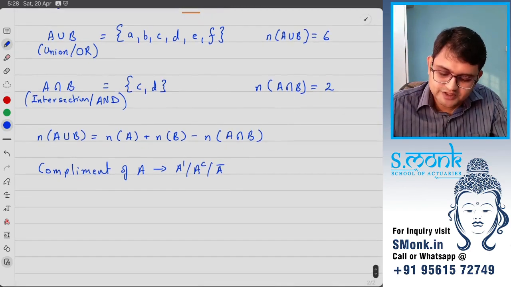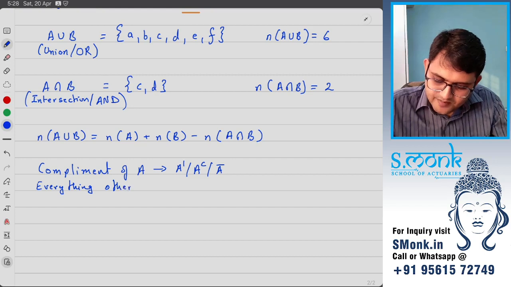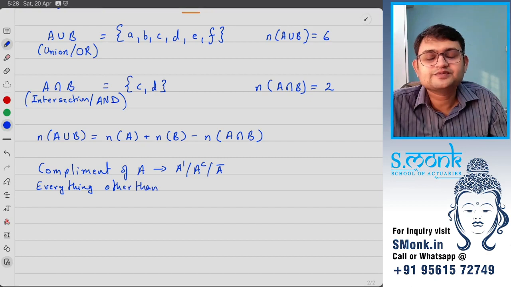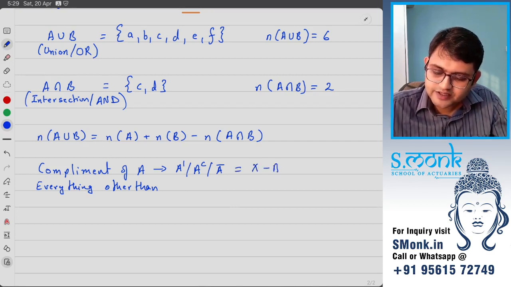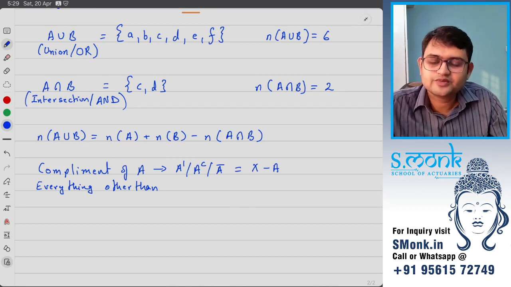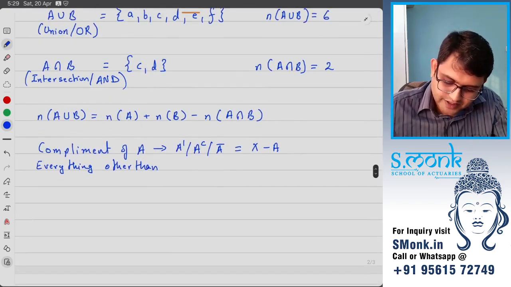A complement means everything other than A. So this represents everything other than A. A complement can be written as the universal set minus the set.